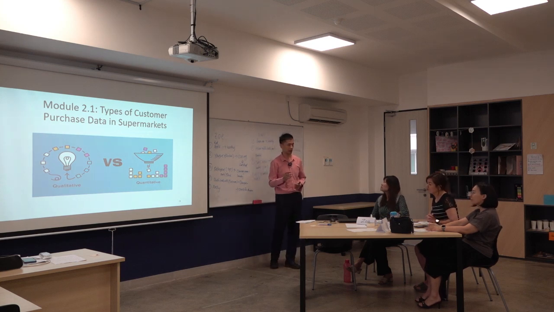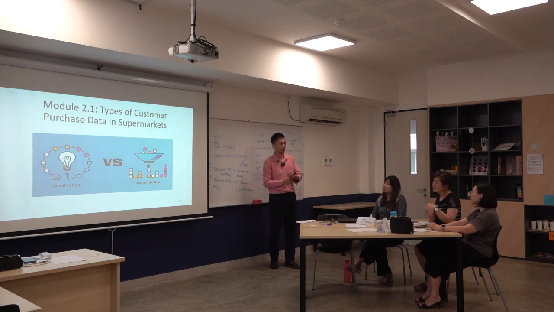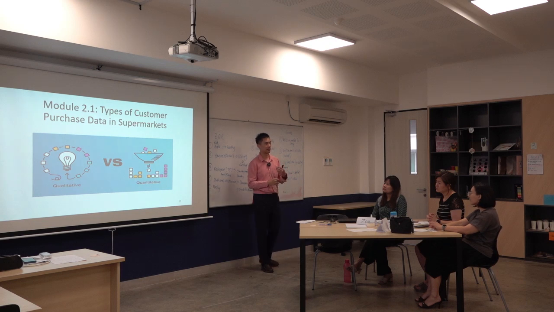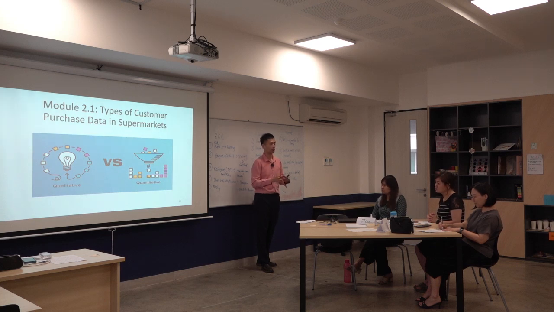The quantitative is based on numbering, something we can put a number on, or we call it a numerical value. For the qualitative, it's a non-numerical value, like just now Violet shared, about the characteristic. You want to see the opinions or feedback from the customer.